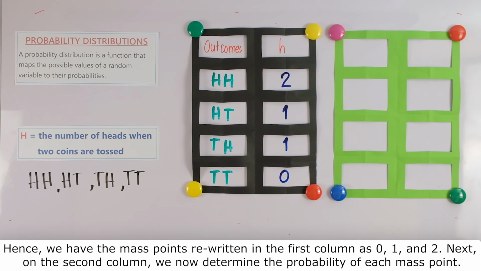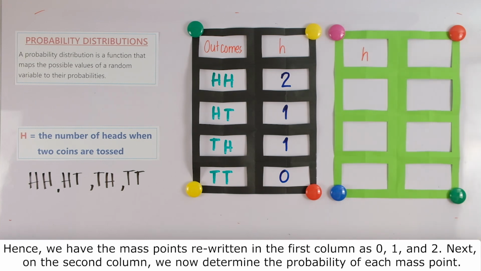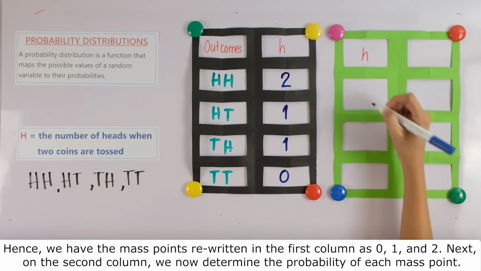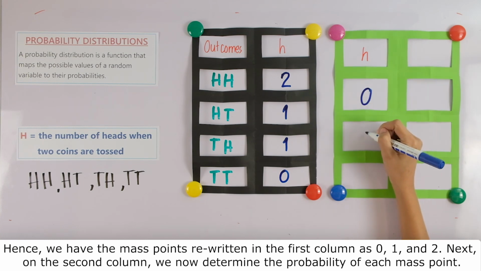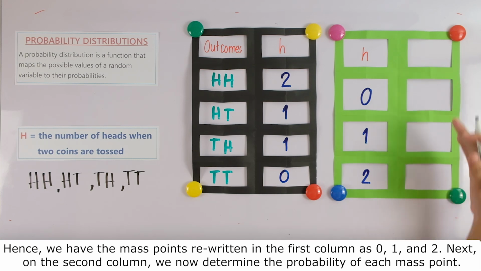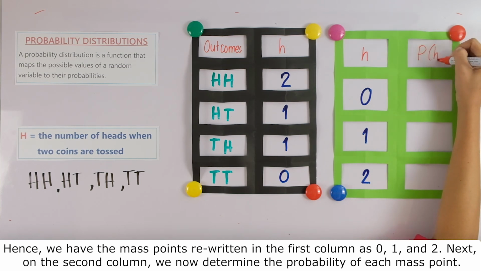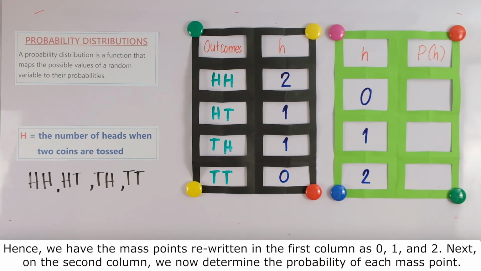Hence, we have the mass points rewritten in the first column as 0, 1, and 2. On the second column, we now determine the probability of each mass point.